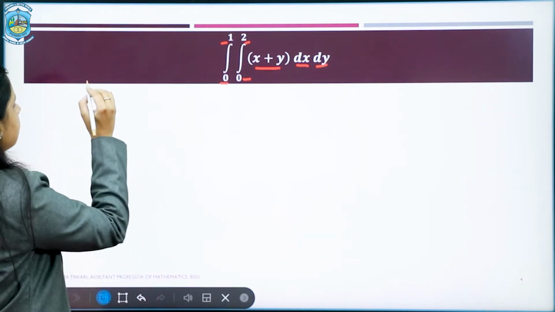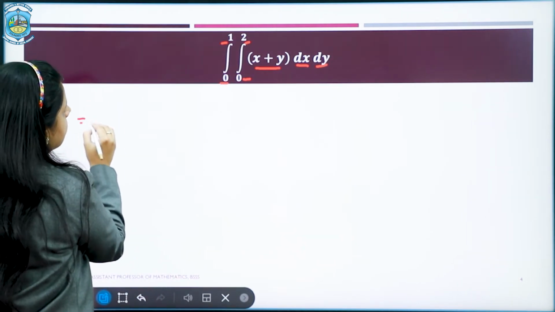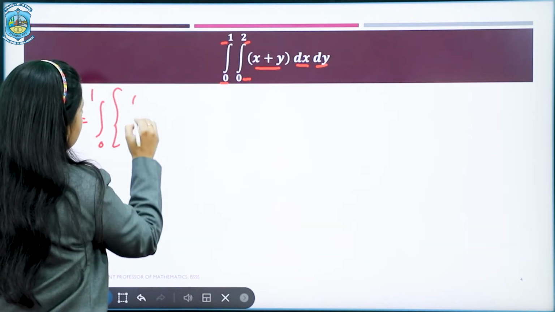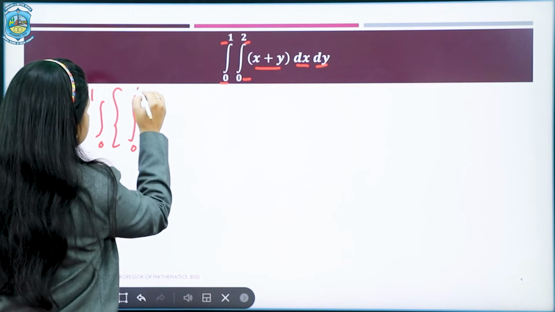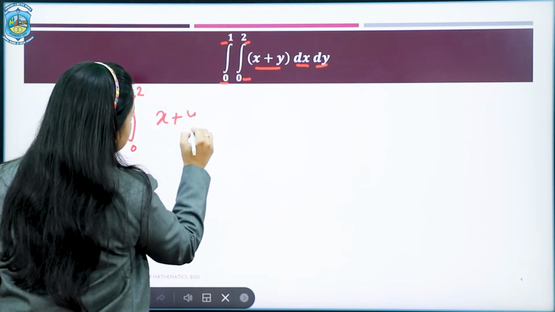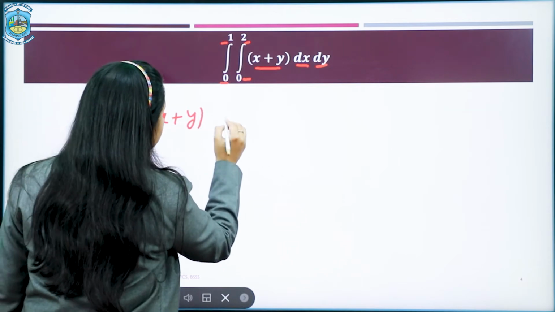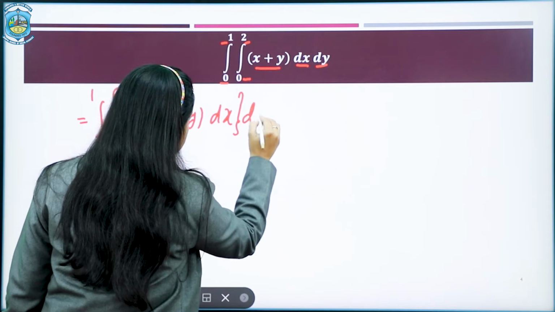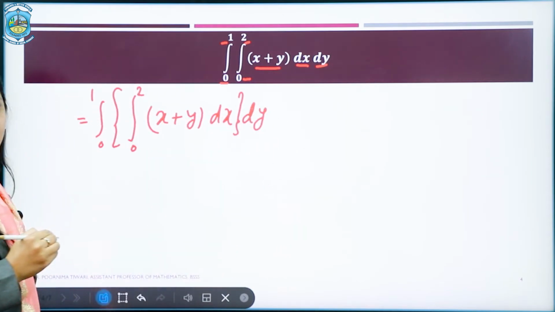Now, we can write this integral as the integral 0 to 1. First, we'll integrate for the limit 0 to 2 the function x plus y, first with respect to x and then with respect to y.